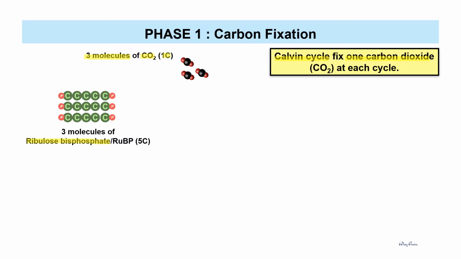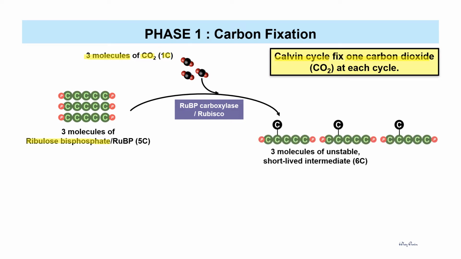Each RuBP is a 5-carbon compound with 2 phosphate groups. The fixation is catalyzed by the enzyme RuBP carboxylase, or Rubisco, and it produces 3 molecules of a 6-carbon intermediate, which is unstable.